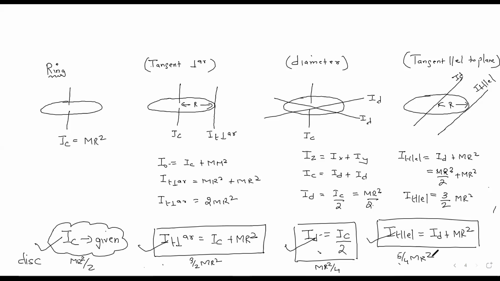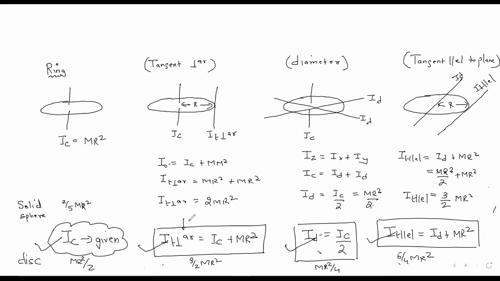Okay, can anyone tell me what will happen for a solid sphere? What is IC of a solid sphere? 2 by 5 MR square. What will the tangent of a solid sphere be? 7 by 5 MR square.